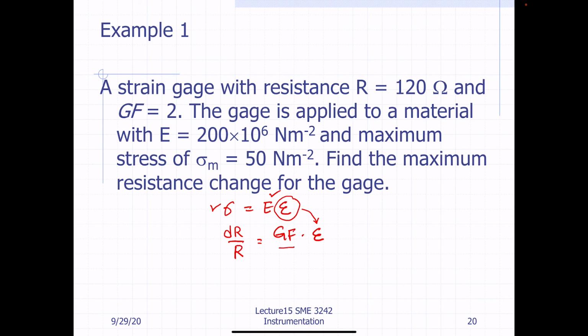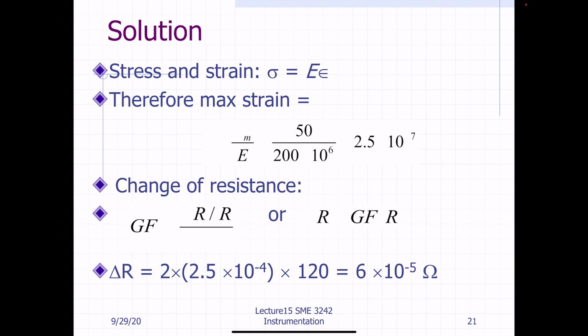Therefore, strain equals maximum stress divided by Young's modulus, which is 50 divided by 200 meganewton per square meter, which equals 2.5 × 10^-7.